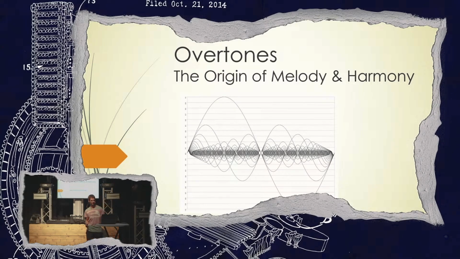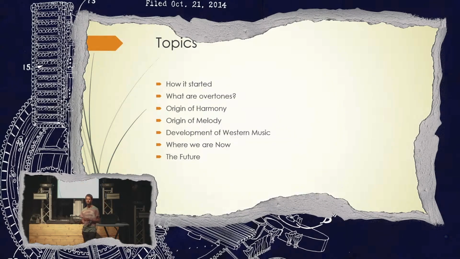I will give you a small presentation today, first of how I got into overtones, and why I give this talk to you today, because I think it's really fascinating. I'm going to explain to you briefly what overtones are, just the physical workings of them. Then I will go deeper into harmony and how it came to be, simply. We'll do the same with melody.